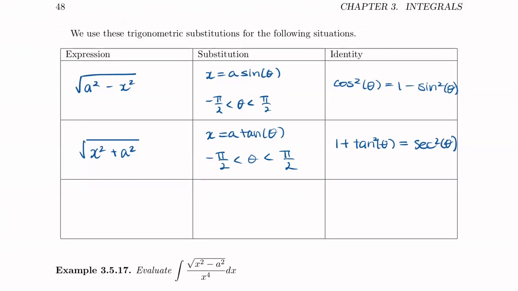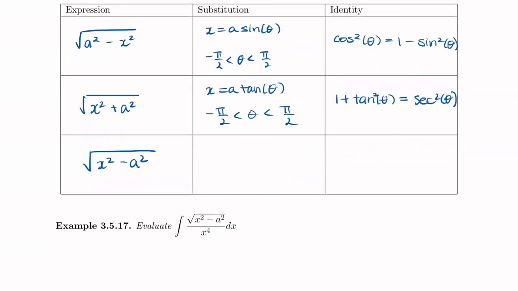As for the last one, we're going to look at x squared minus a squared. For this one, instead of a sine theta or a tan theta, we substitute a secant of theta. The domain is 0 less than or equal to theta less than or equal to pi.